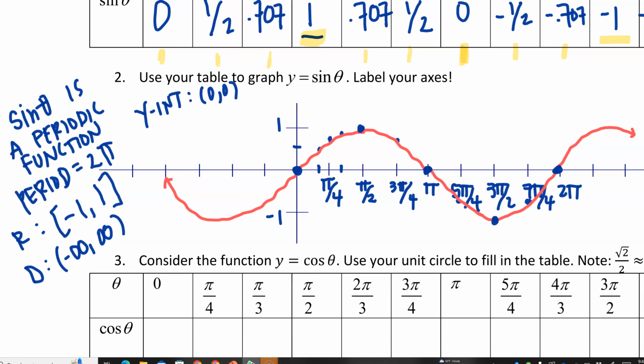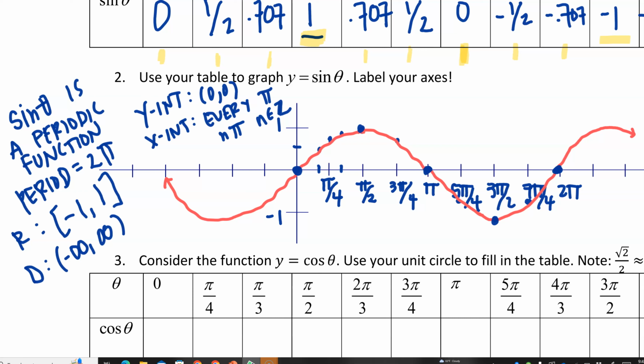So every pi, I'm going to have an x-intercept. So we could say what, n pi, where n's are our integers. So remember when we kind of talked about that a little bit? Okay, so far so good.